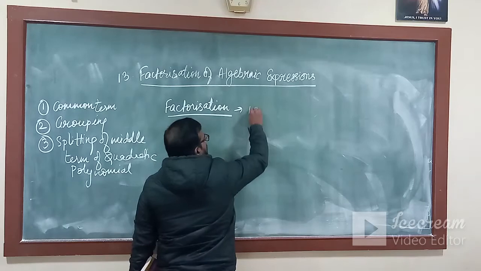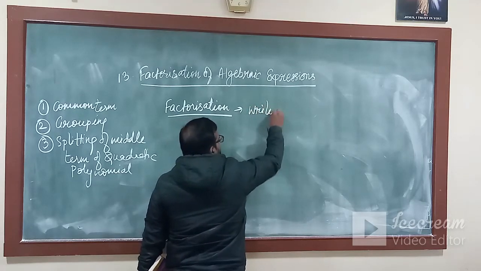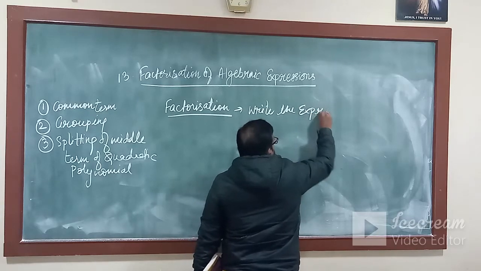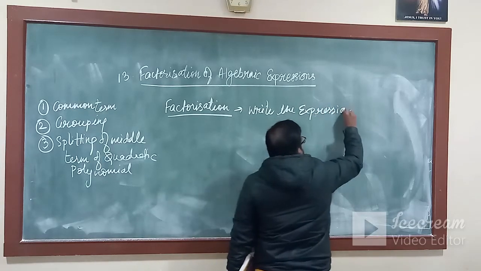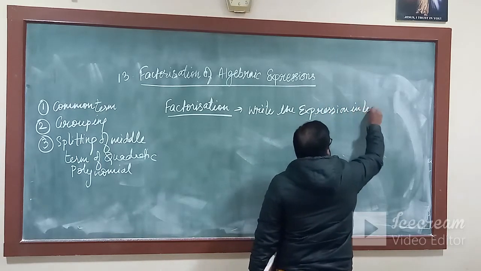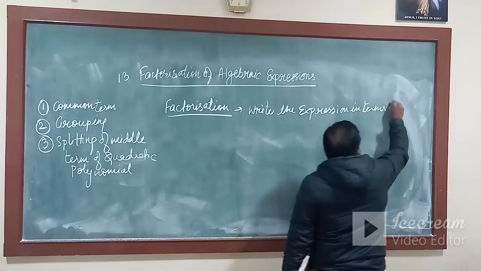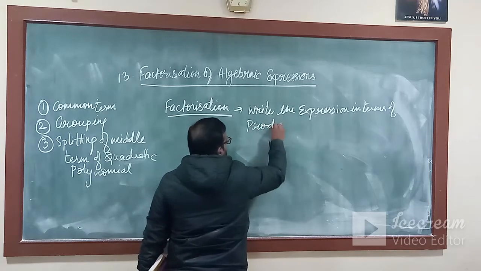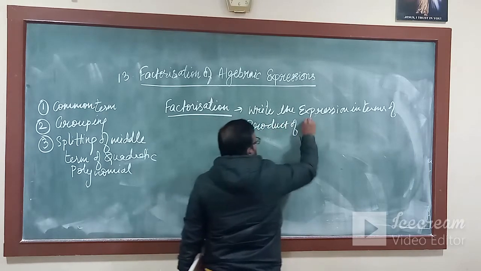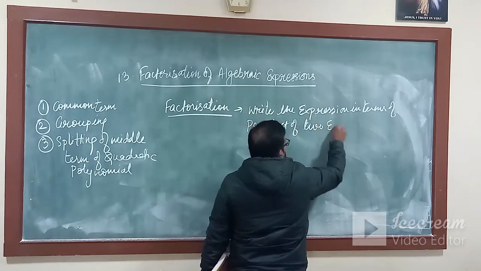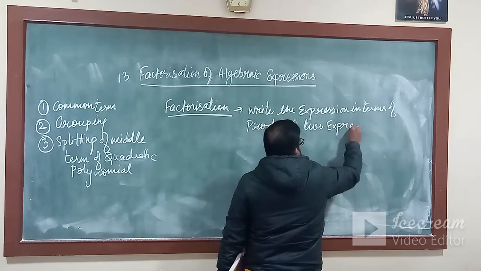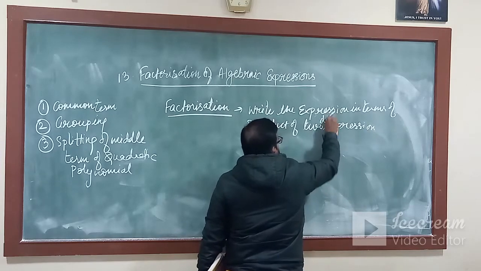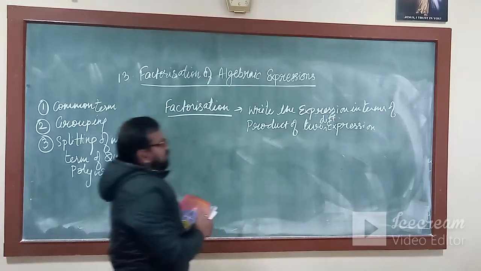If we can write the expression in terms of a product of two different expressions, then we say that the expression is being factorized.